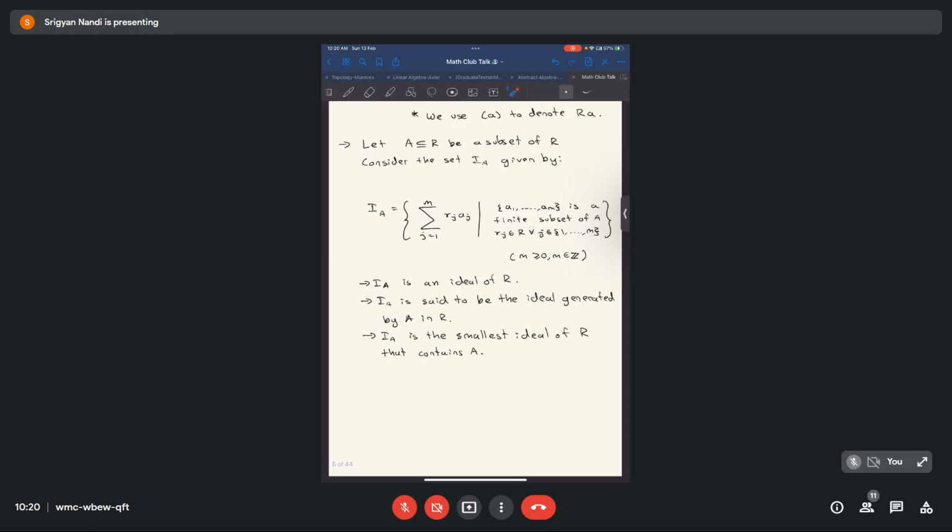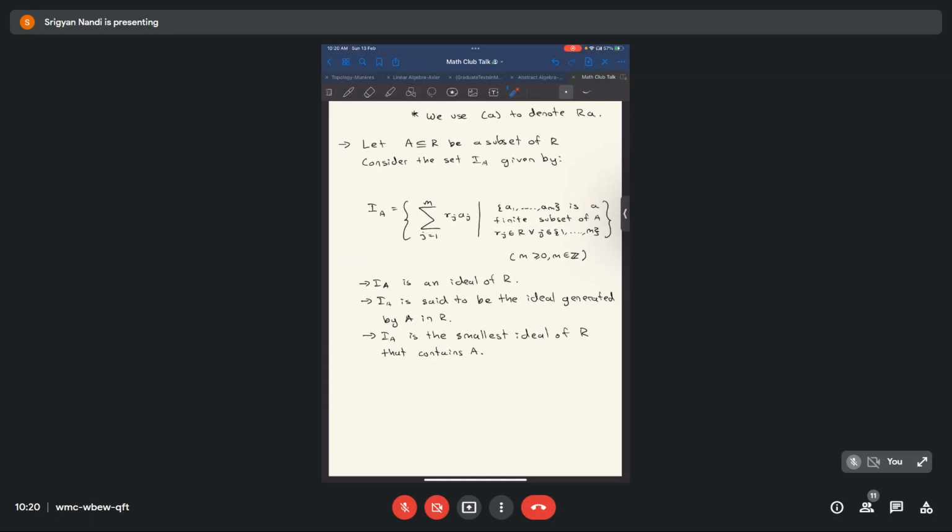Similarly, although this is not a notation used only for principal ideals, we can use it for ideals generated by multiple elements. But to get there, we first have to know what it means for a certain subset of a ring to generate an ideal, which we do right now.